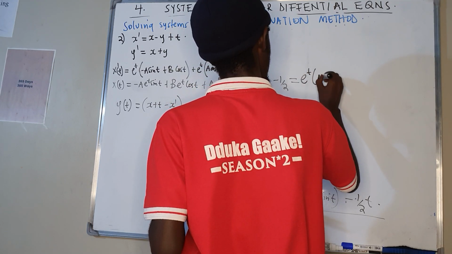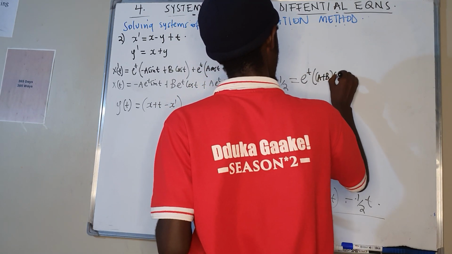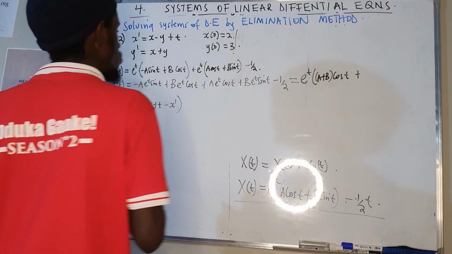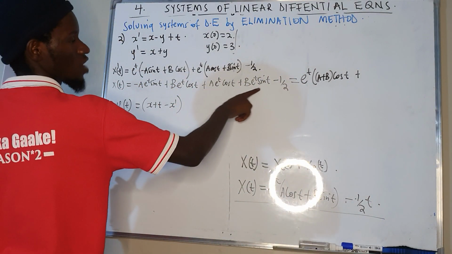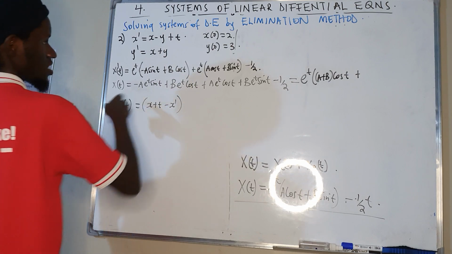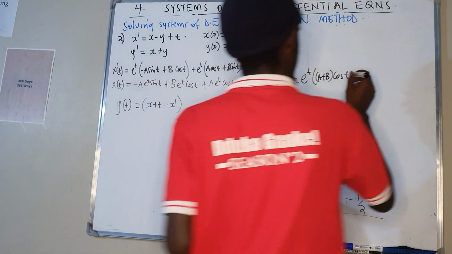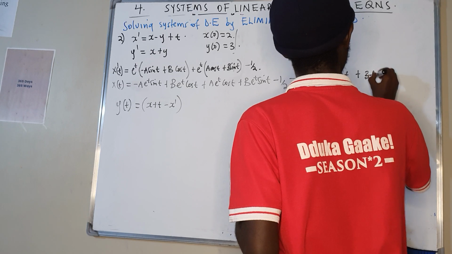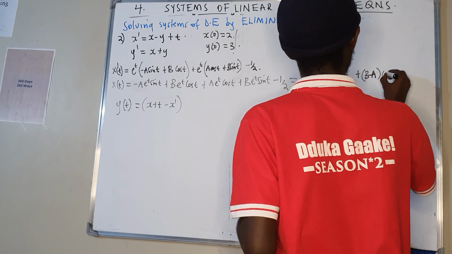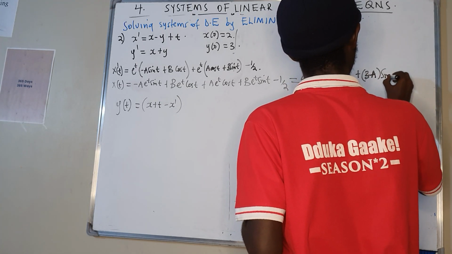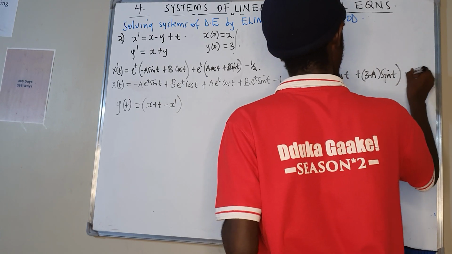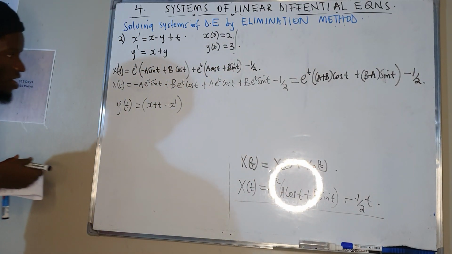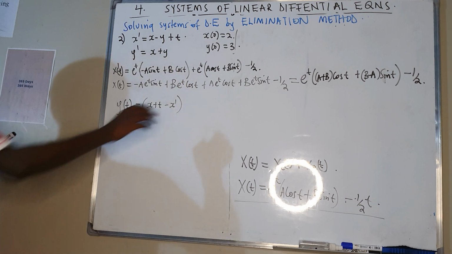Now a plus b cos t, then plus, if I want to put the terms with sin together, I have b then minus a. I have something like b minus a sin t, then minus a half. I'm just simplifying this step.